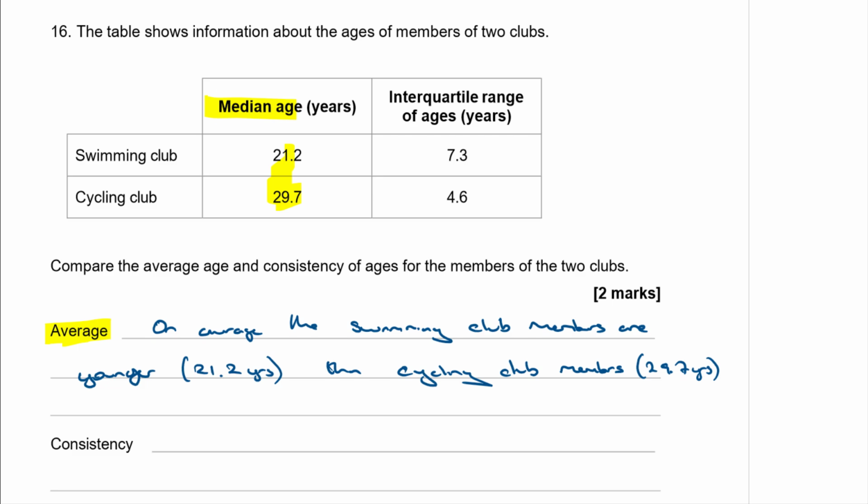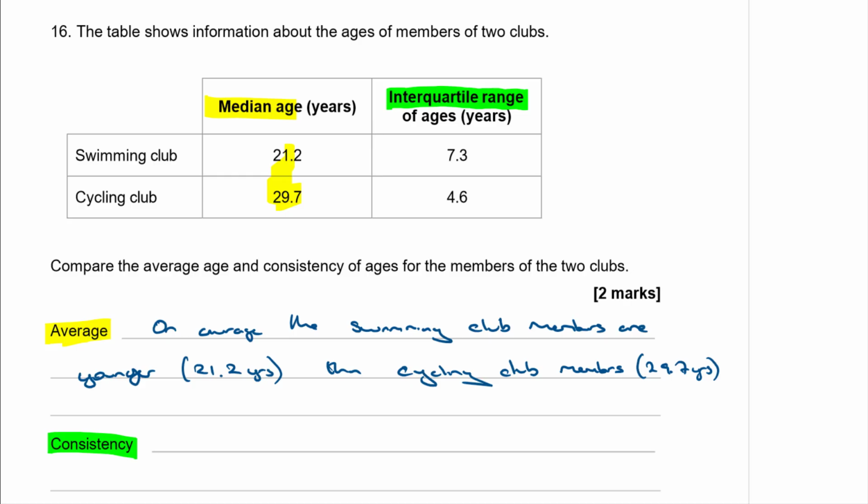And then the next one, consistency. Consistency is a question about variation. How varied is your data? And a measure of variation or dispersion is what we need to look at here. So interquartile range is our measure of dispersion, and that's going to tell us how consistent the data is.